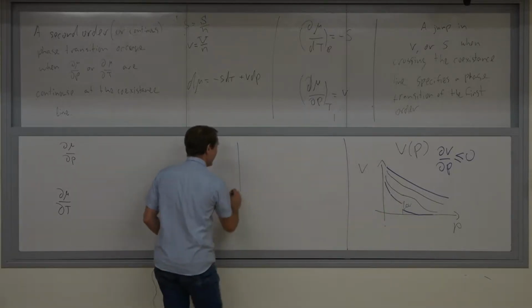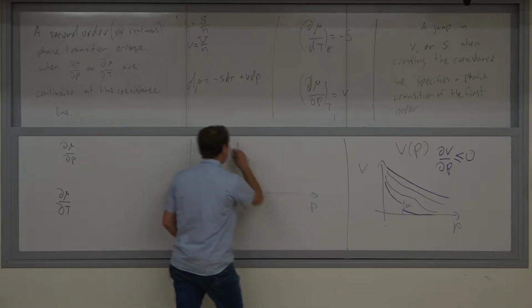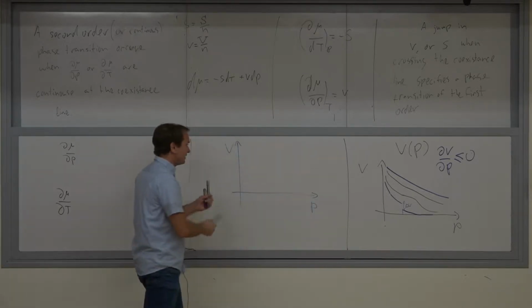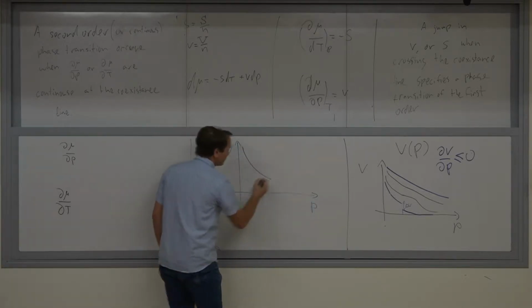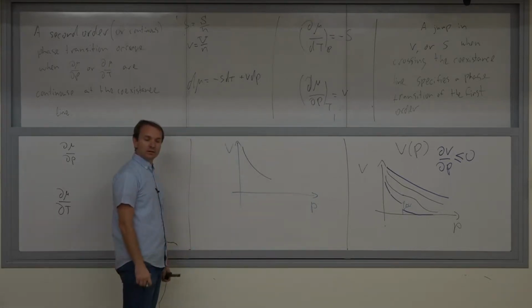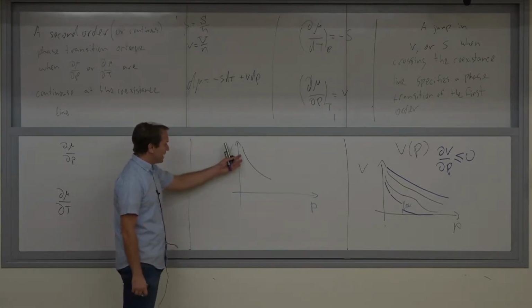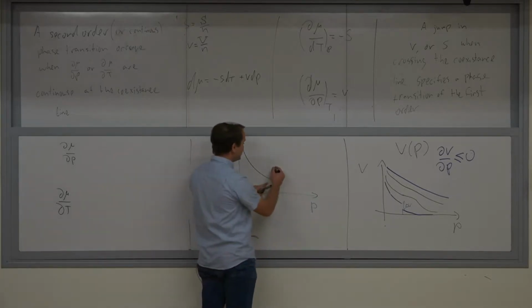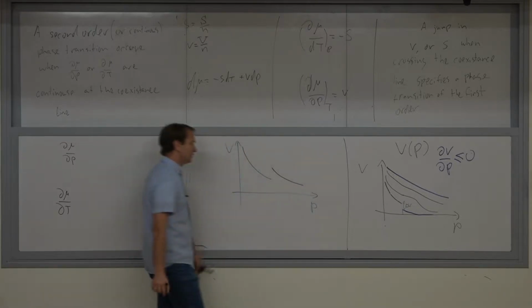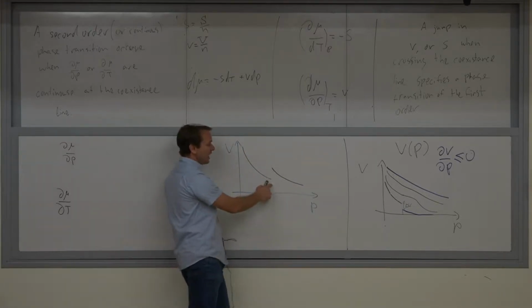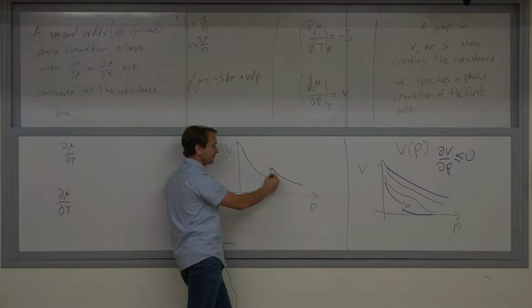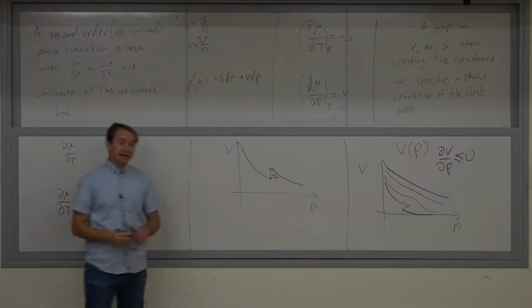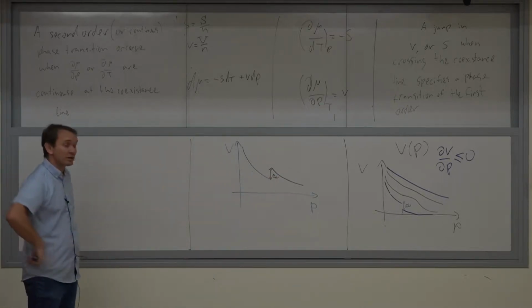So for example, I can have P and V that will behave in the following fashion. I can have a behavior of V which is decreasing as a function of P, and then I can have a jump, okay, which is not downward for the volume, it's actually upward for the volume. I can have this behavior, for example, for water, right?